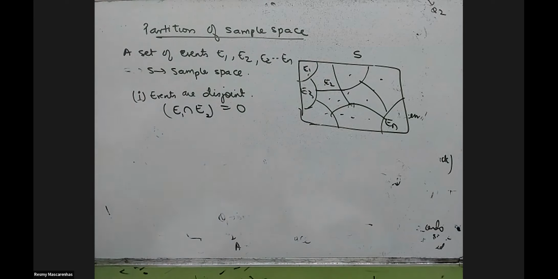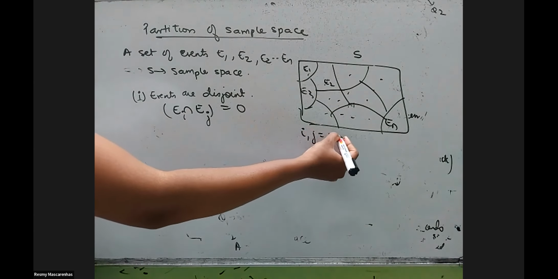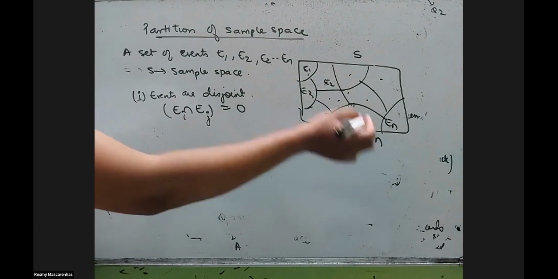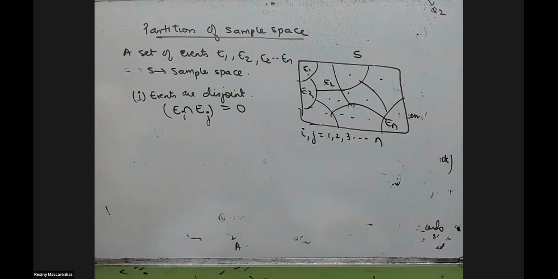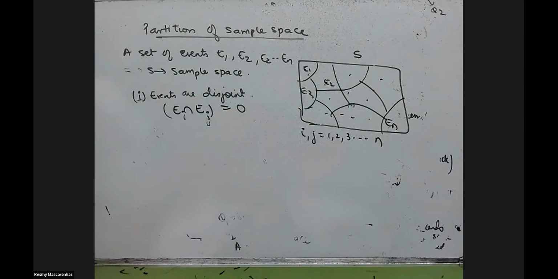So in general, I'll use different letters, I and J, because it applies for all the numbers, where I, J are 1, 2, 3 up till n. Because this works for 3 and 4 also, it might work for 3 and 9 also, 10 and 15 also. So randomly every event is independent from the other one. This is the first condition.